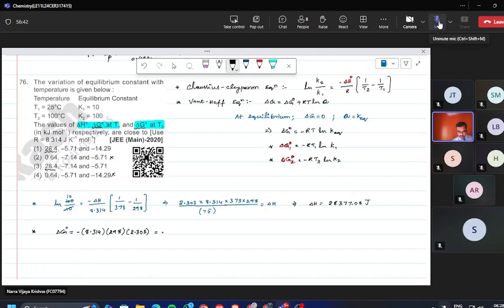I got this value as minus 5705.8 joule. Means it is equal to minus 5.771 kilojoule. This is equal to 28.38. Better I write based upon the given data. Now better I will write 38 kilojoule.